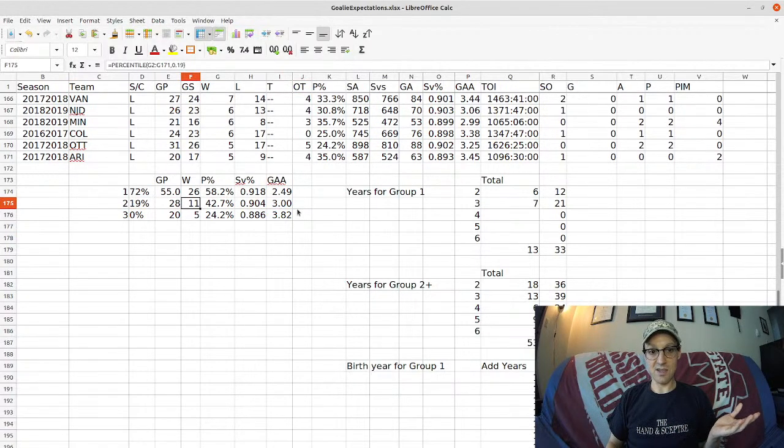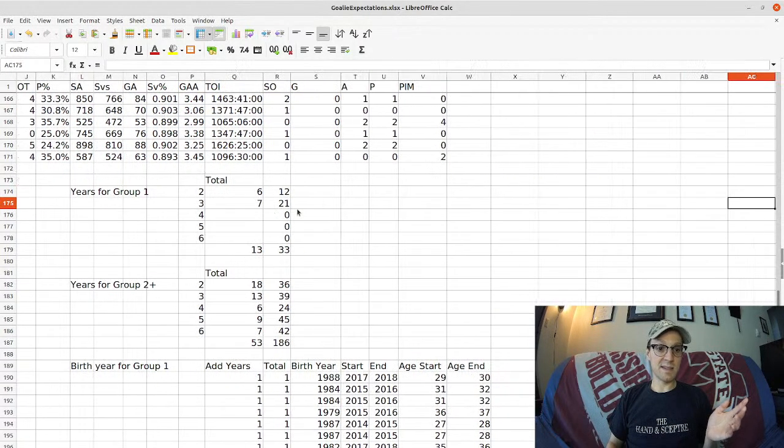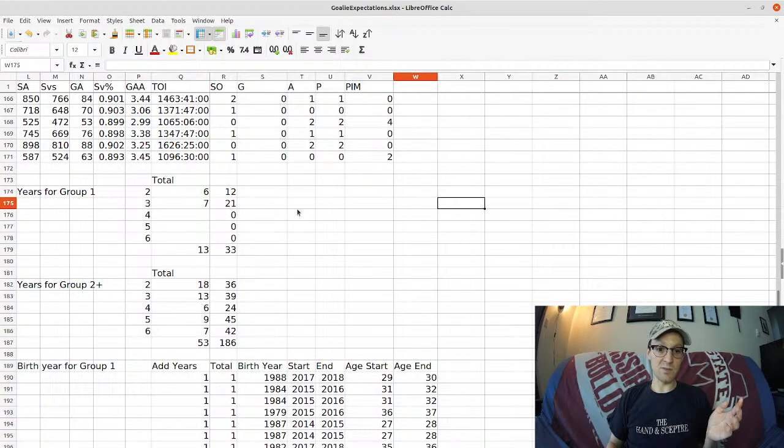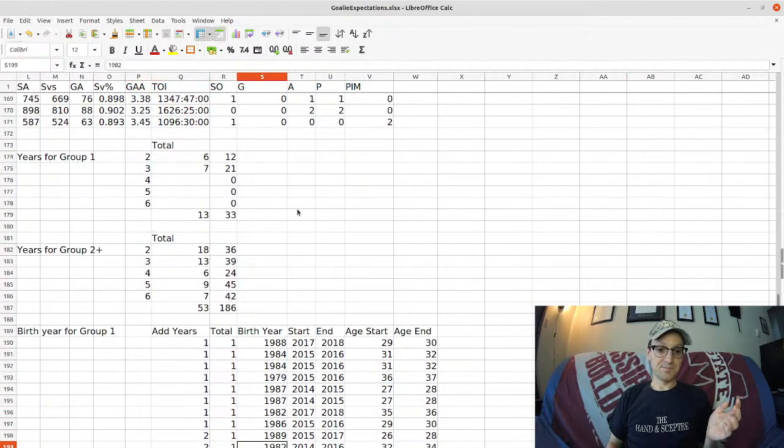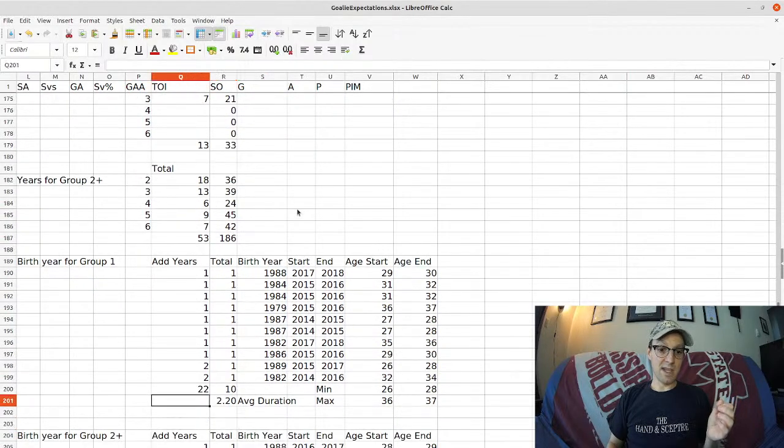Like, as you can tell, this is pretty low expectations. Point percentage of 42.7%, save percentage .904, goals against average 3. So unsurprisingly, more goalies are going to be within that range, which means you'll have more data points here.